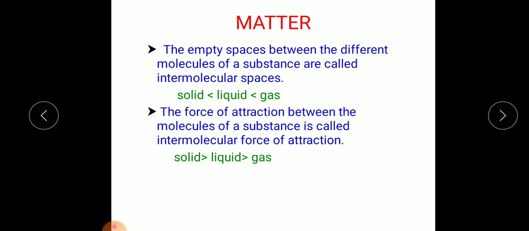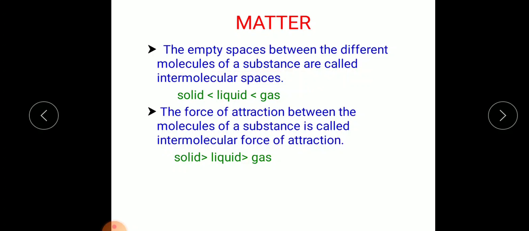Next point. The empty space between the different molecules of a substance is called intermolecular space. In solids, the molecules are very close to each other. In liquids, the molecules are a little bit far away from each other compared to solids.